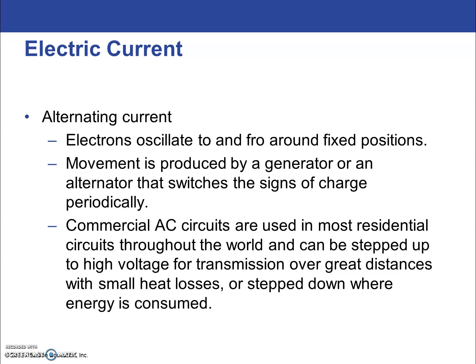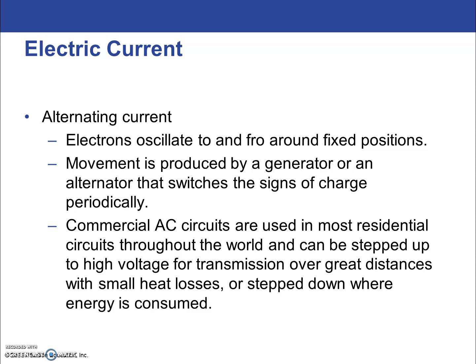When power is leaving power plants, we generally step it up to a very high voltage for that transmission because we lose less energy when power is transmitted at high voltage, and we need AC in order to do that. You can't change the voltage of DC power as easily. And then, of course, before that power gets into your home, we need to step it down to a more usable and safe voltage level. So again, we'll come back to that.